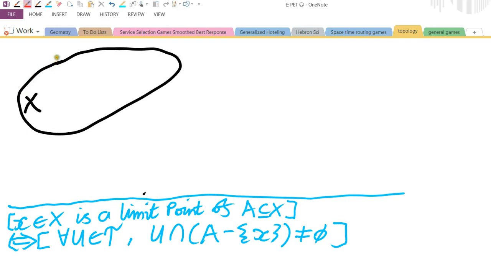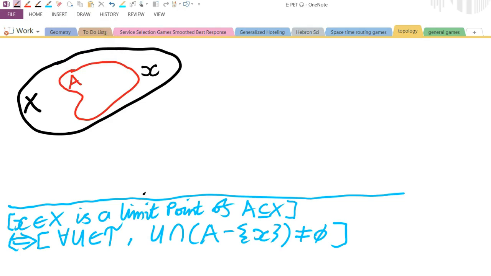And suppose we've got some subset of the space A. And suppose we've got some point in this space, we'll call it little x.